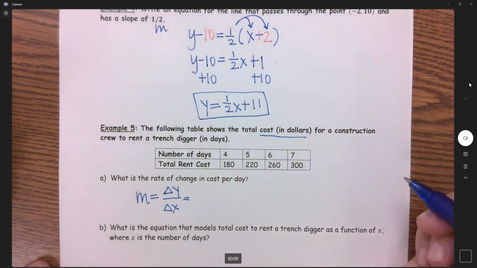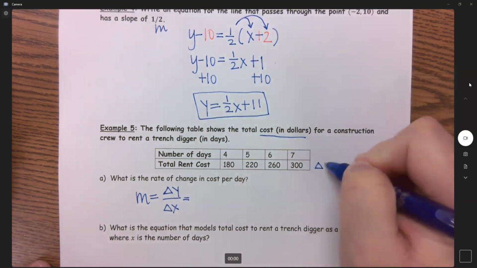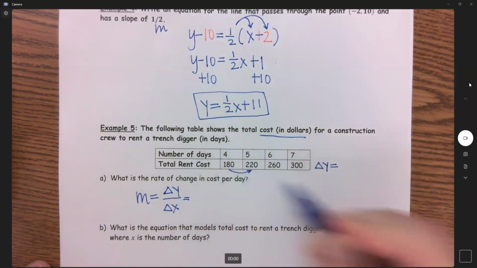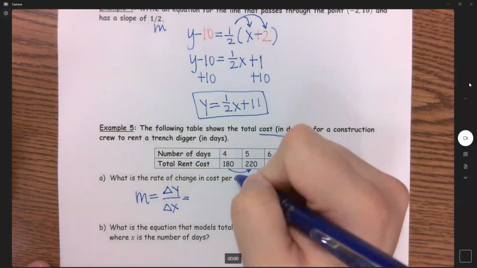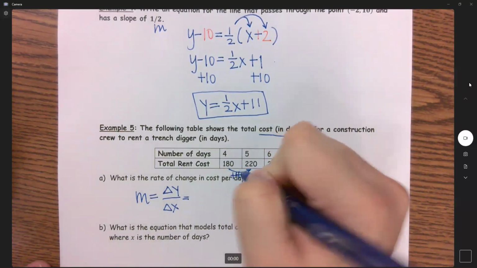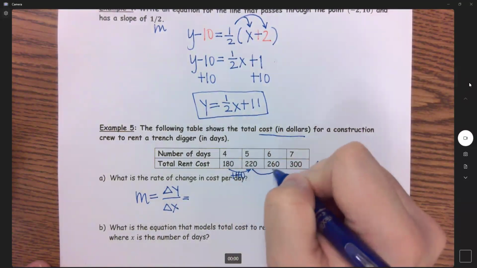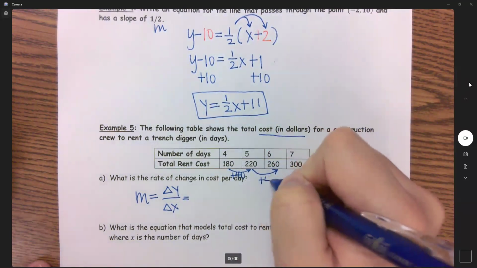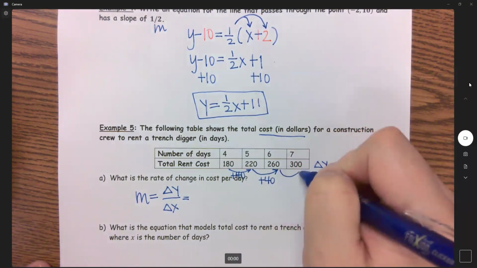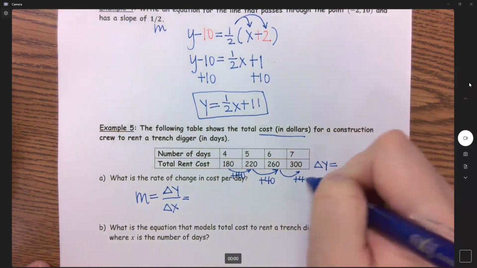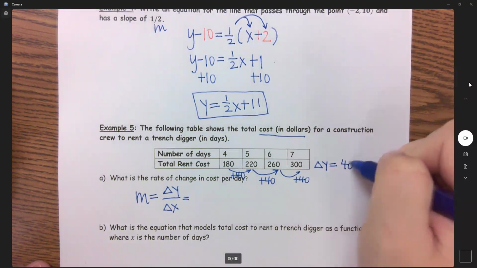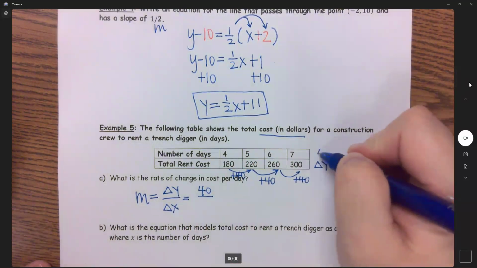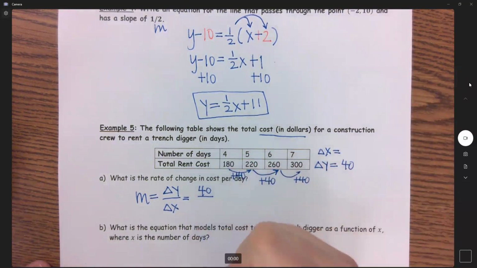So what is my delta y? Well, how am I going from 180 to 220? We are adding 40. And is that consistent from 220 to 260? That is adding another 40. And from 260 to 300, that is adding 40. So my delta y is 40 over my delta x. So what is my delta x?